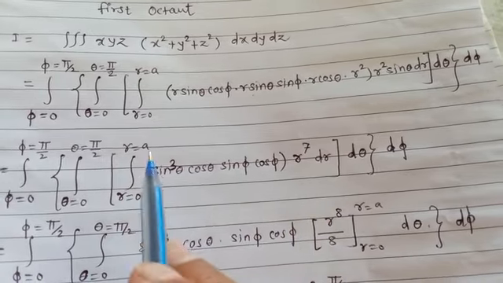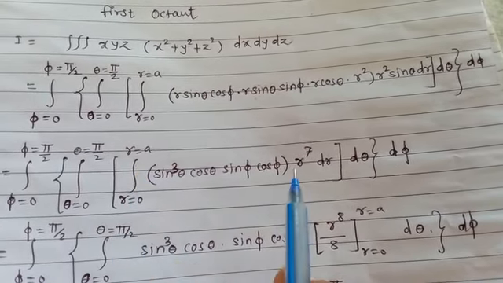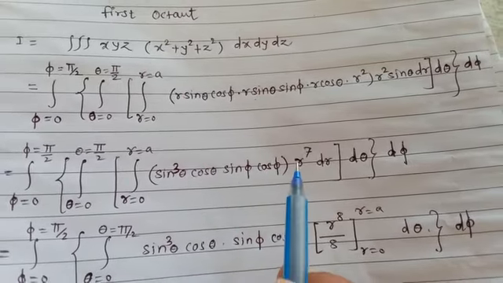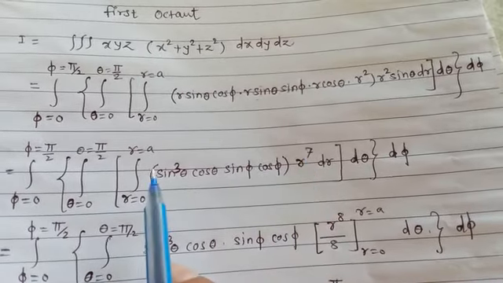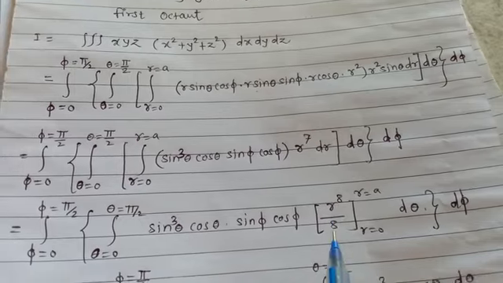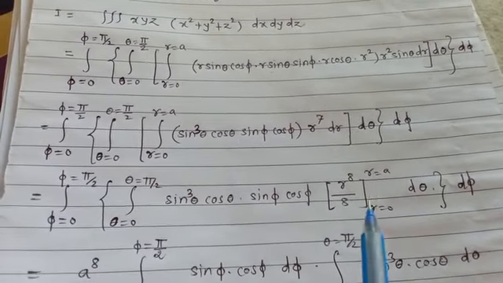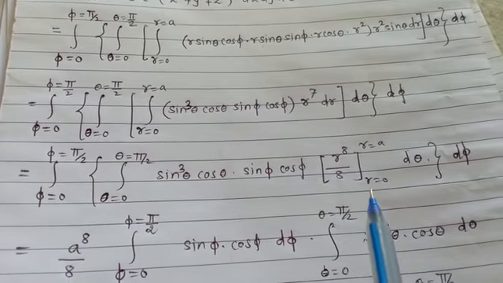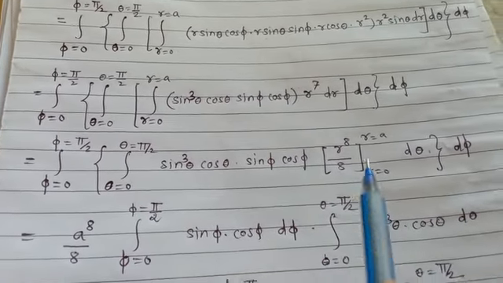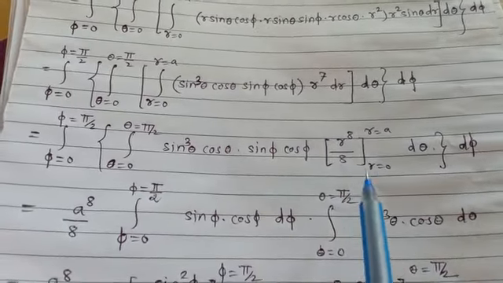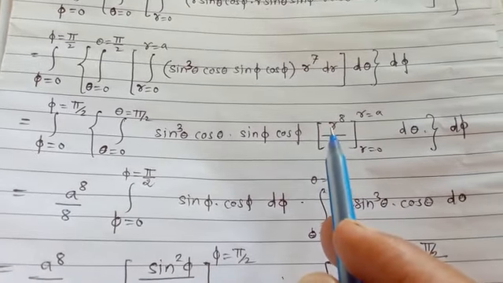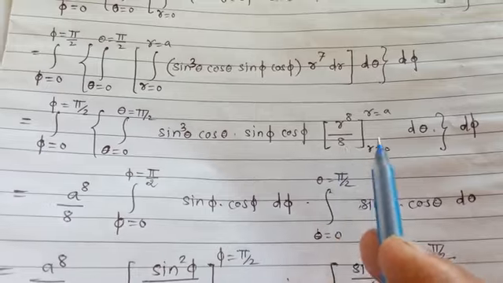So first of all we are taking integration with respect to r, so the other terms will be constant, and the integration of r raised to 7 with respect to r is r raised to 8 upon 8, with upper limit r equals a and lower limit r equals 0. If we put the upper and lower limits, we get a raised to 8 upon 8 minus 0.